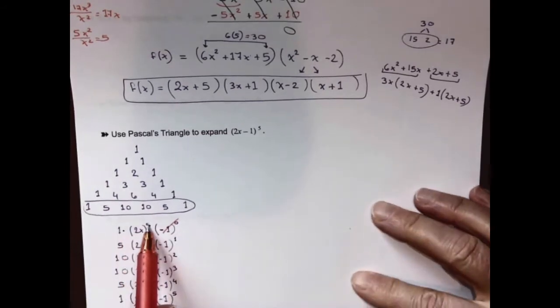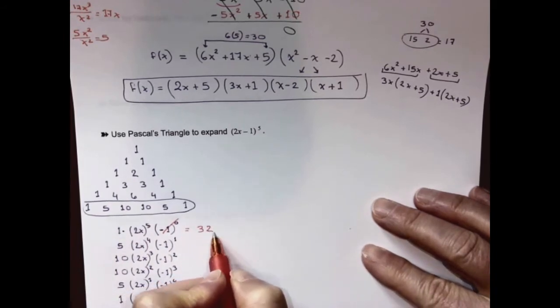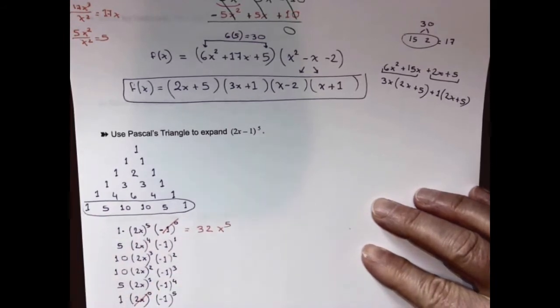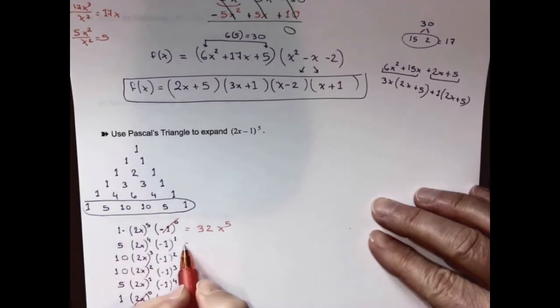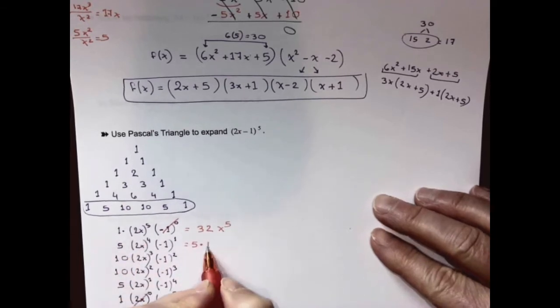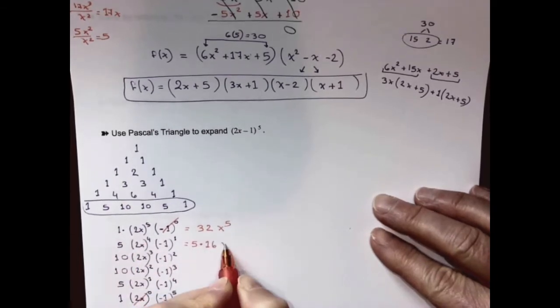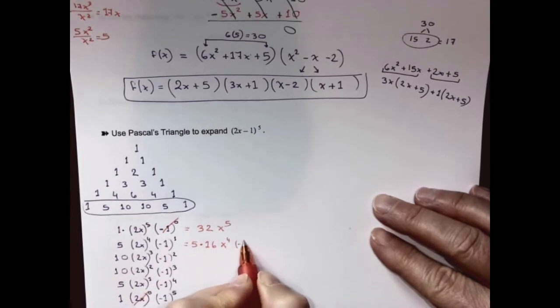2 to the 5th is 32. So this here is going to be equal to 32x to the 5th. Then we have 2. So here I have 5 times 2 to the 4th is 16, x to the 4th, and then negative 1 times 1 is just a negative 1.